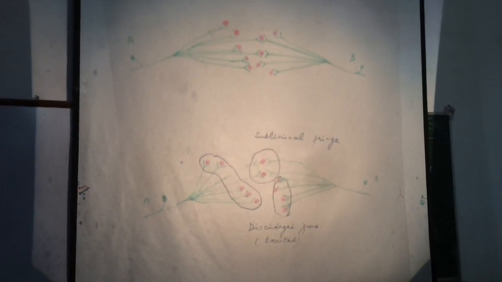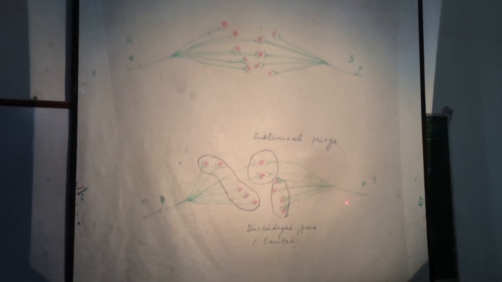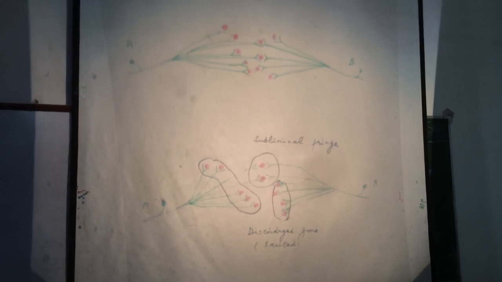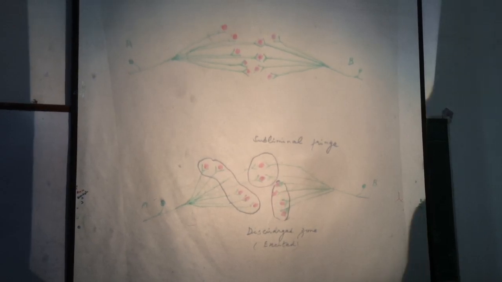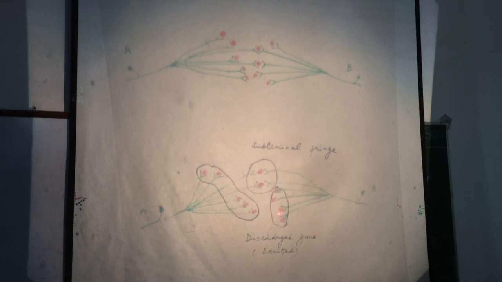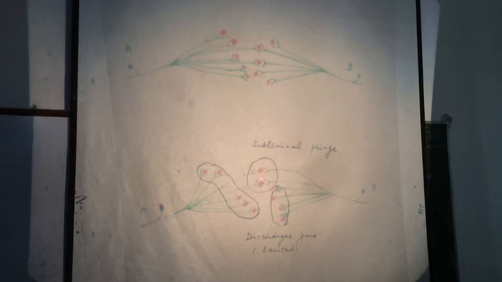You come to afferent B. Afferent B is making synapse with these 4 motor neurons, which are in the discharge zone, excited zone. Afferent B is also forming synapse with these 2 motor neurons in the subliminal fringe.